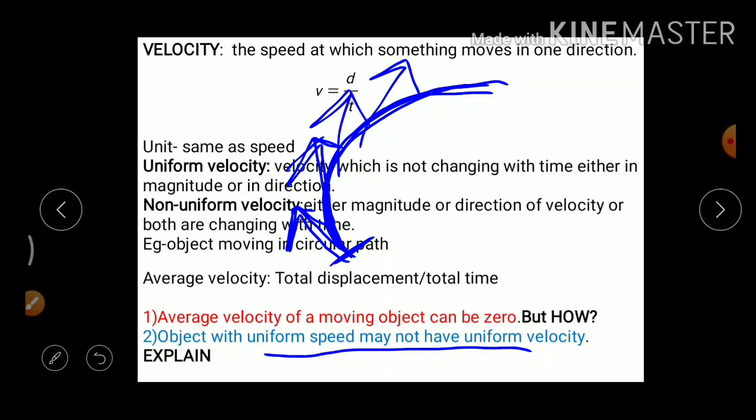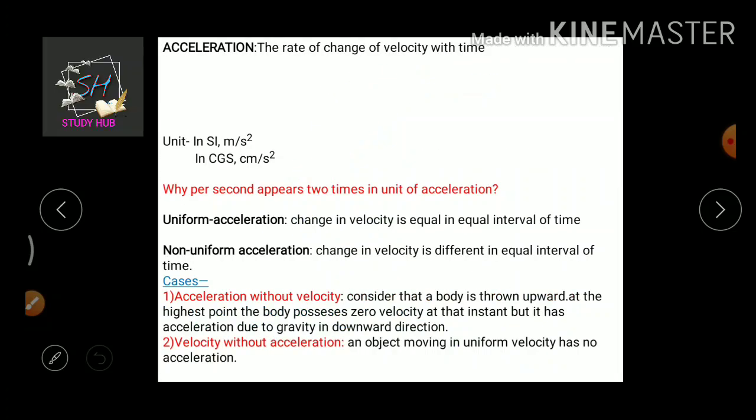So let's go to the next slide. As you can see here, our topic is acceleration. So what is acceleration? Acceleration means the rate of change of velocity with time. That means with respect to time, if velocity is changing, then the body is accelerating.